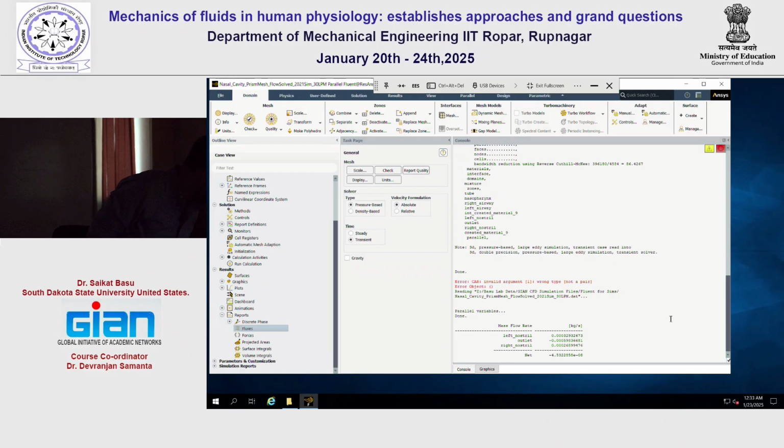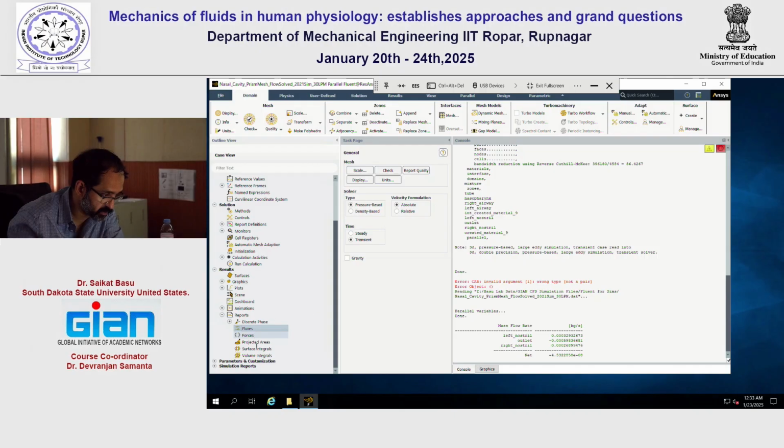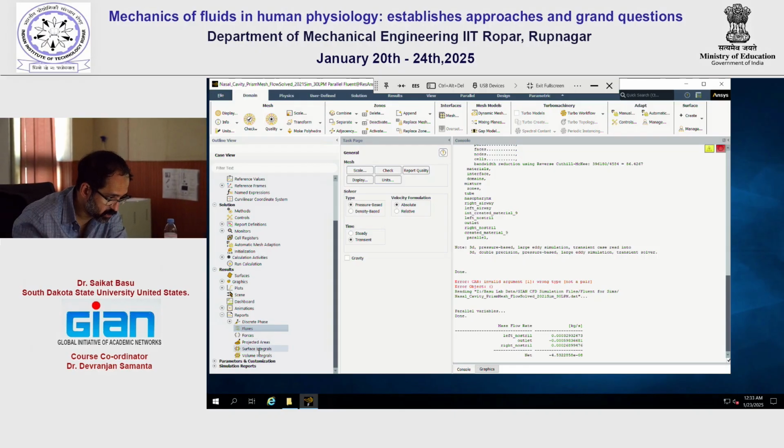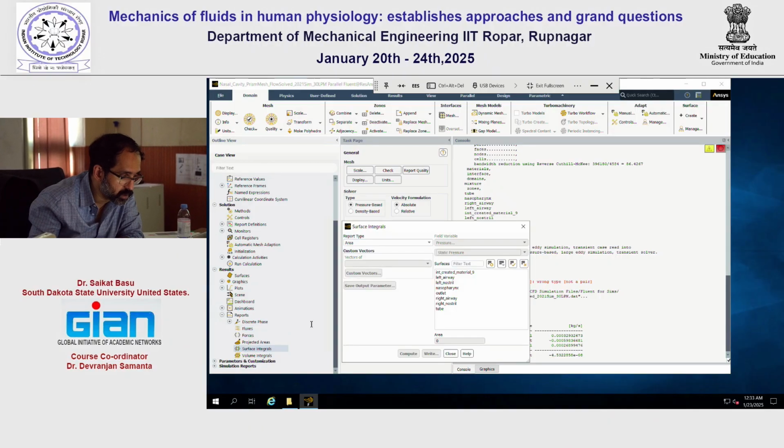And from here, the other thing that I would like to show: this is the flux. Let's look at the pressure drop. For that, go to the surface integrals, and there the report type would be area weighted average, and again pick the left nostril, outlet, and the right nostril, and then compute.